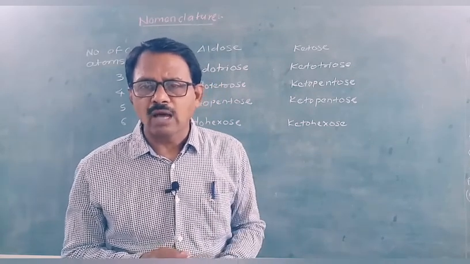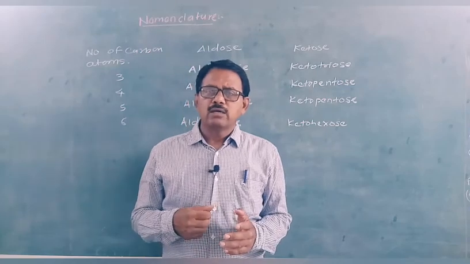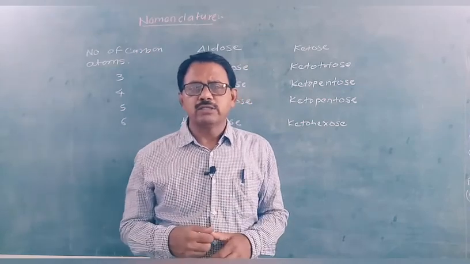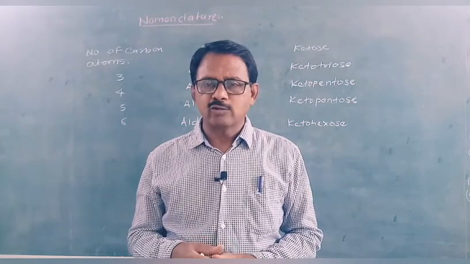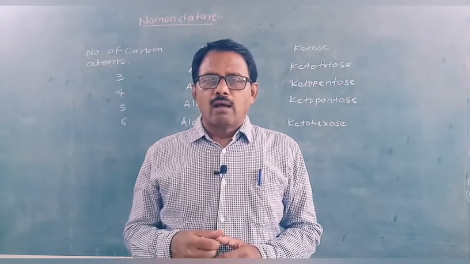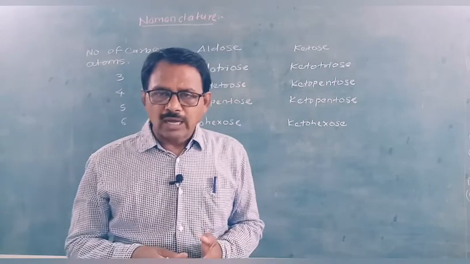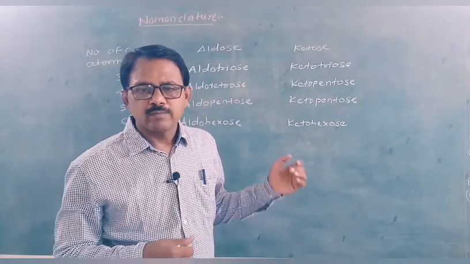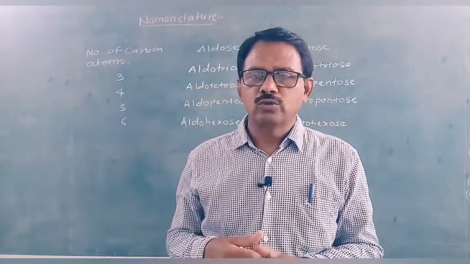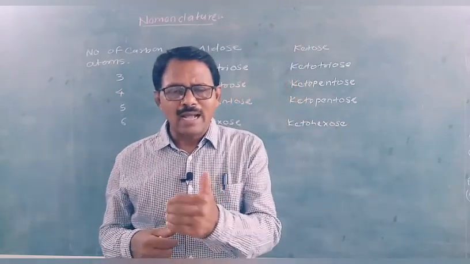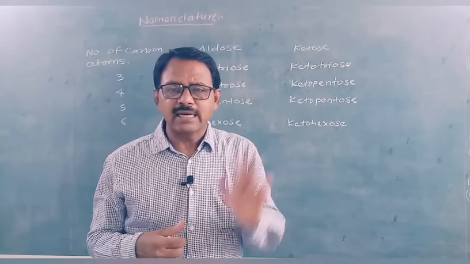Then oligosaccharides: the carbohydrates which on hydrolysis give 2 to 10 molecules of monosaccharides are known as oligosaccharides. Examples: sucrose, lactose, maltose, raffinose. They are further classified as disaccharides, trisaccharides and tetrasaccharides.